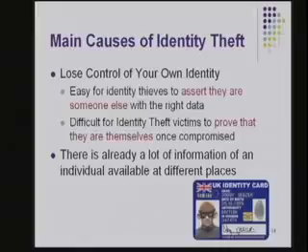Second problem is that the actual victims may find it difficult to prove that they are themselves. If someone actually went off and got their identity, a real person may have a very tough time getting back their identity. So one has to take into account that there is already a lot of information of individuals available at different places.